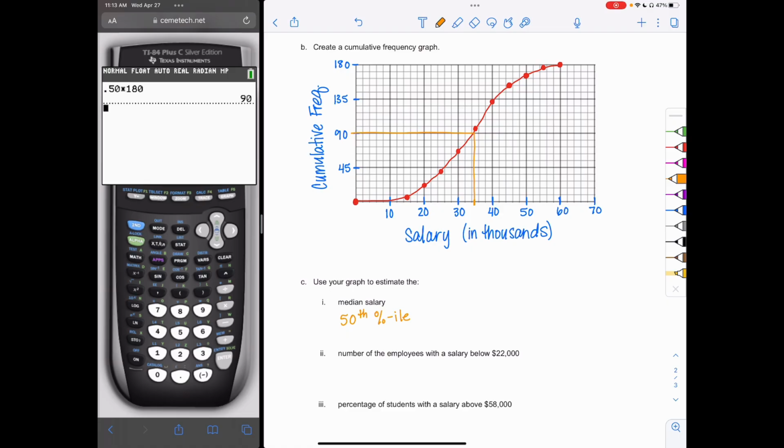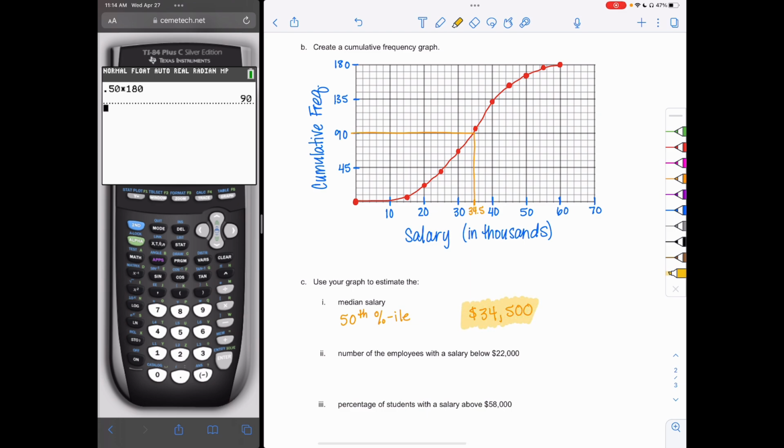Instead of being about 35, it's a little bit below that. So I'm between 34 and 35. So I'm going to call this 34.5 here. That is my median. And remember, your salary is in thousands. So this is going to be approximately $34,500. That'll be the median salary here.